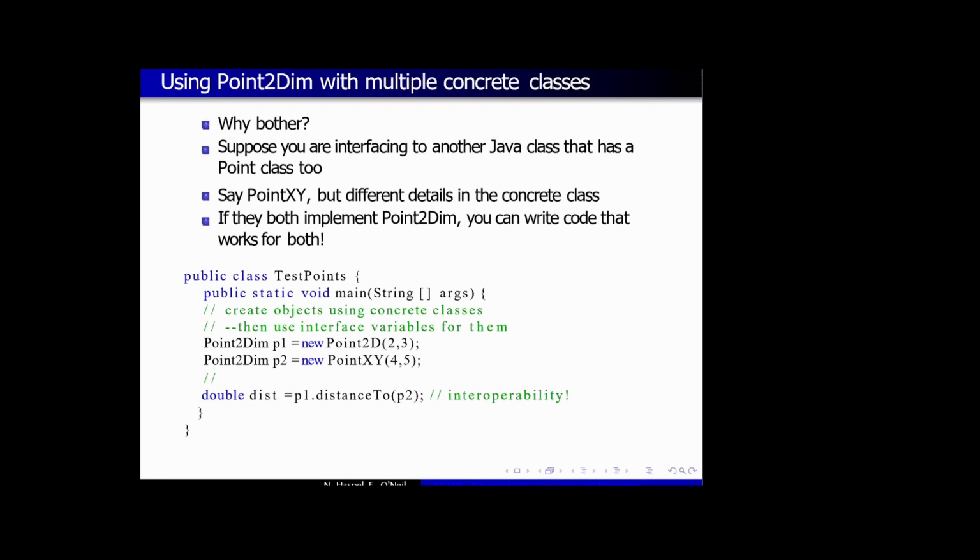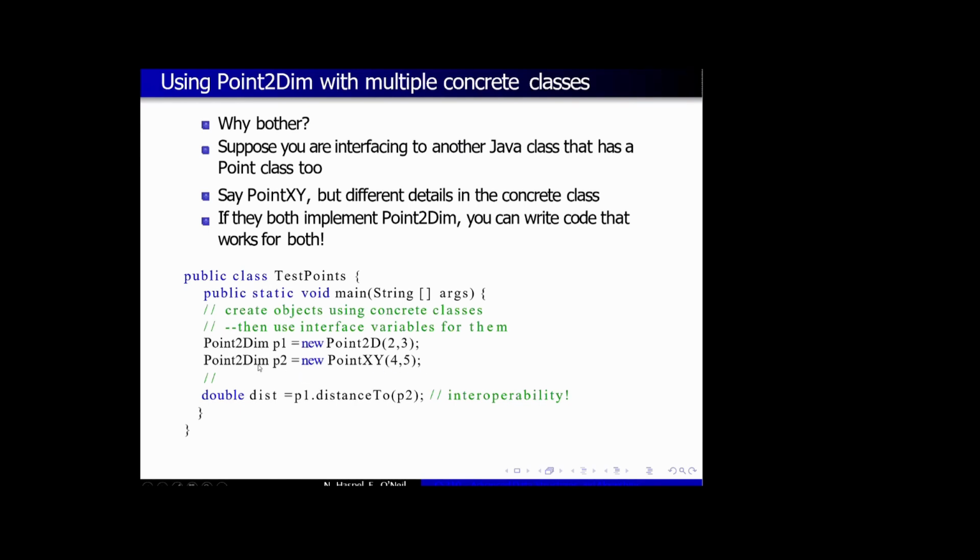Okay. Now, we could say that they both implement this API. And then we could write what's called generic code. We can write code that can treat them equivalently. So let's see how that works. We have point2dim P1 here equals new point2d of xy of 2, 3, right? And another point made out of point xy.